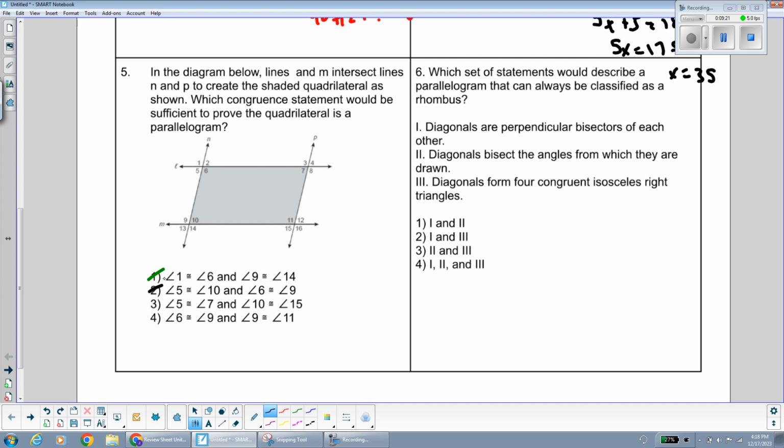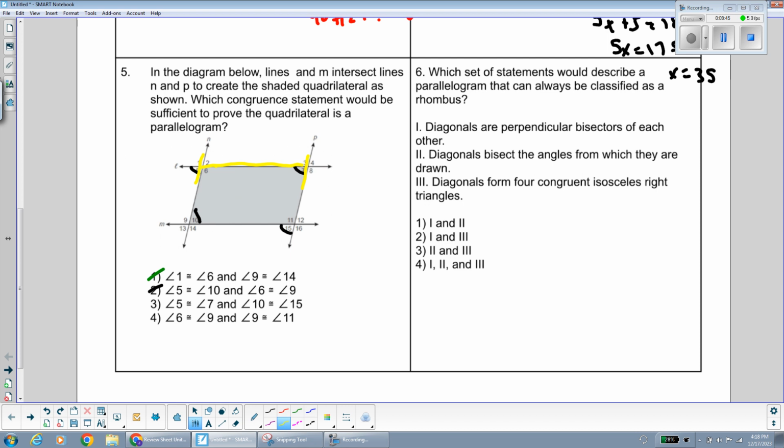Answer choice 3. Angle 5 is congruent to angle 7, and angle 10 is congruent to angle 15. Let's take a look over here. So angle 5 and angle 7 are corresponding angles. They're both top left, where the lines are cut by the transversal.